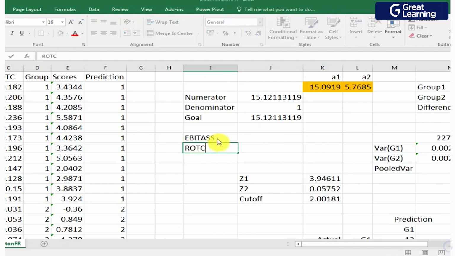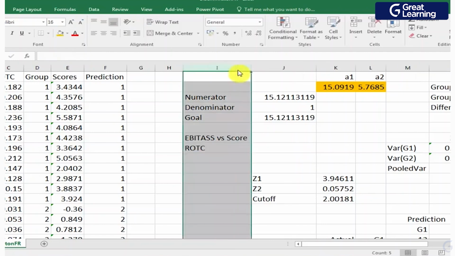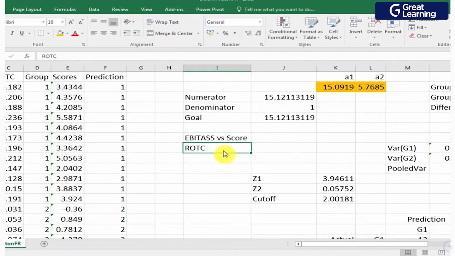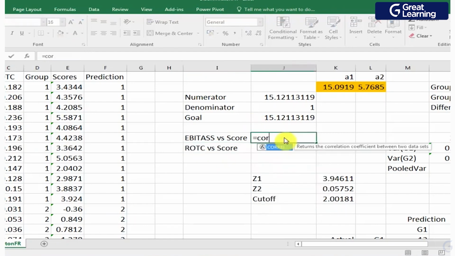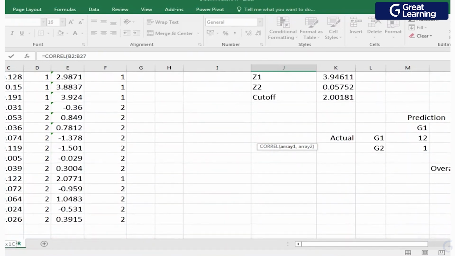Now, EBITDAs versus score. ROTC versus Fisher score, discriminant score. What do you do? Take the discriminant score, EBITDAs, this part, and find out the correlation between the discriminant score and the EBITDAs.